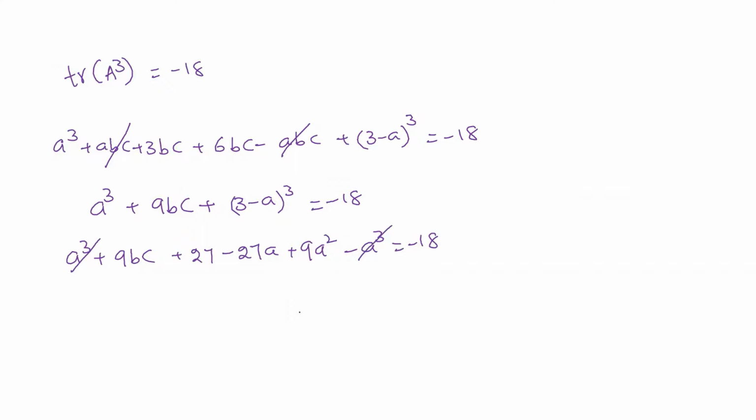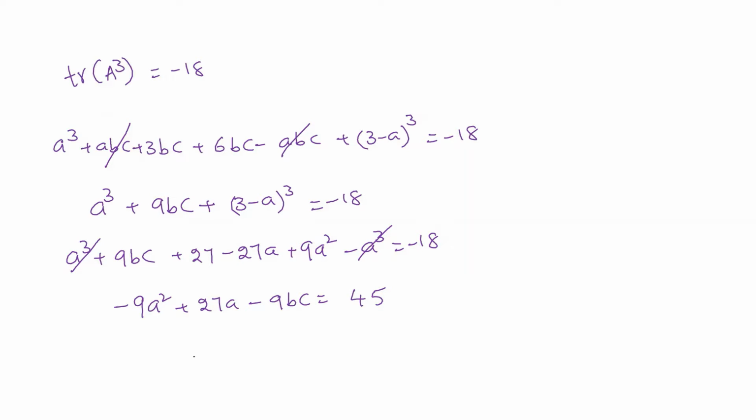So if I take all the terms to one side, we have 9A square and 27A. If we take this to the other side, we are going to get minus 9A square plus 27A minus 9BC, and that is going to come as 45, right? I'm taking this minus 18 to this side and the other terms to the other side. Okay, so why are we doing this?